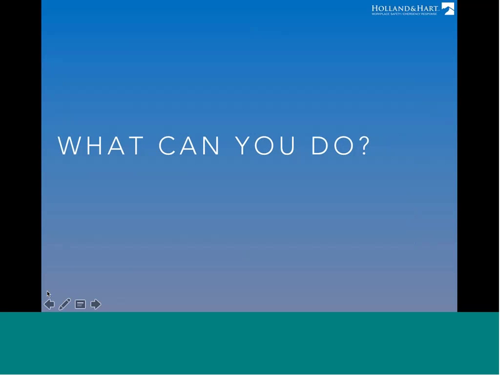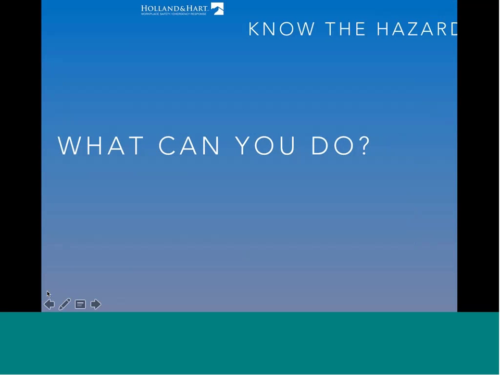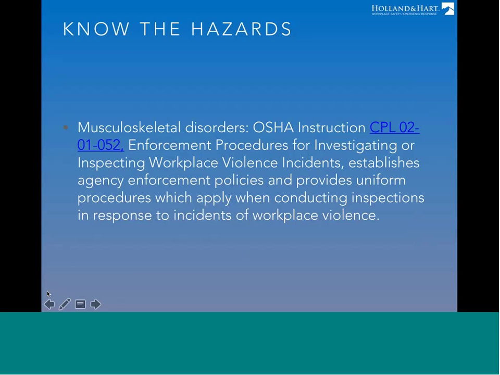So, what can we do? What can you do? I think one thing to address is looking at OSHA's instructions that are available publicly from their website. These links in here are actually live links.